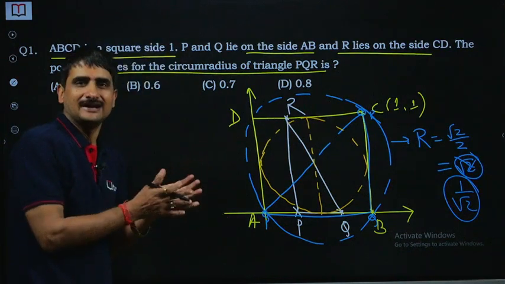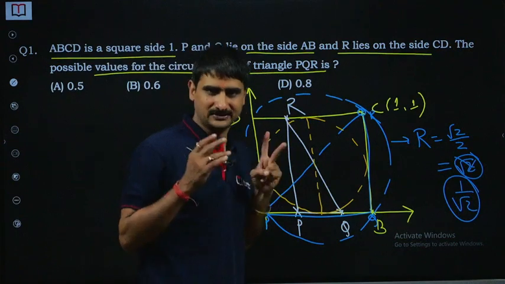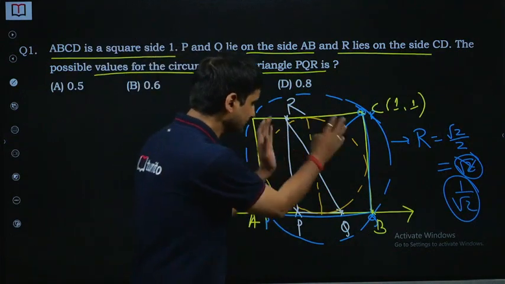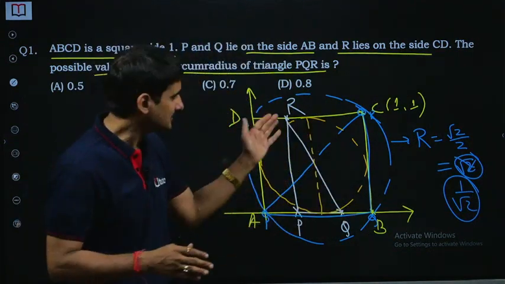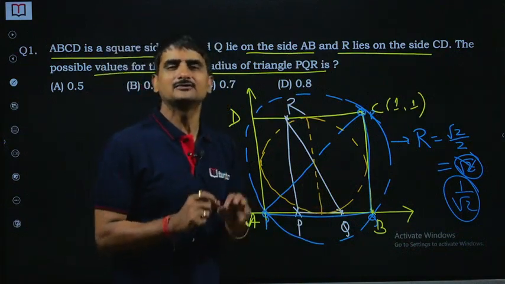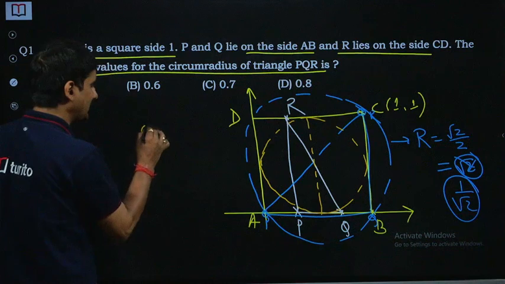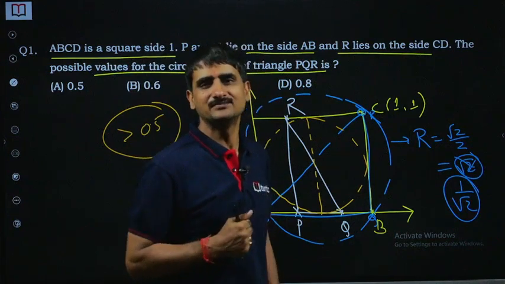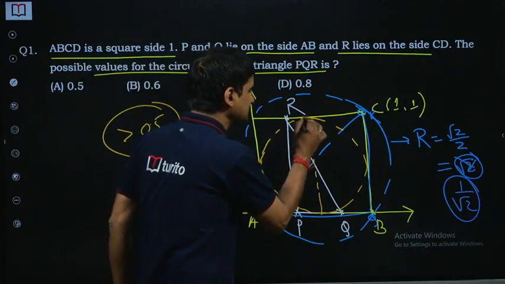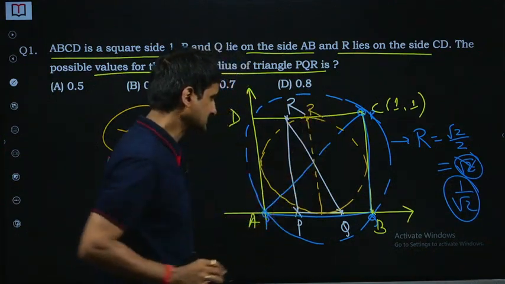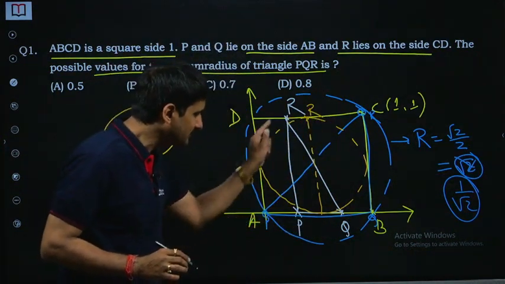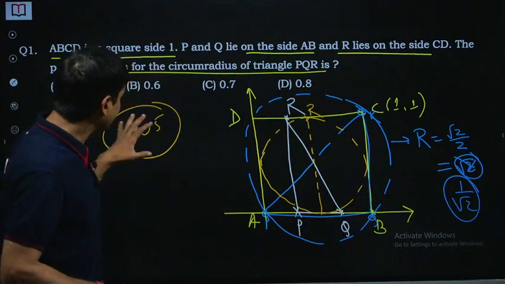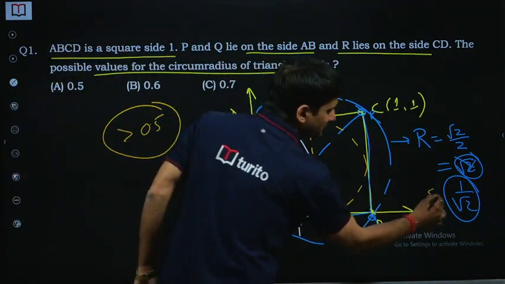You can't have a triangle with two vertices on the side such that it is a circumcircle, because it touches the side only once. So it has to be greater than 0.5. Because if this is vertex R here, and you need to have PQ, then it should intersect the line segment AB. So greater than 0.5 and less than or equal to 1 by root 2.